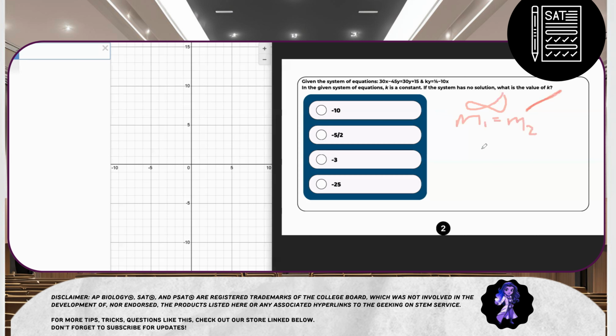This also means that the y-intercept B1 is going to match up with B2. Okay, so that's the key concept that you have to understand before actually completing this problem. Let's begin this problem together.